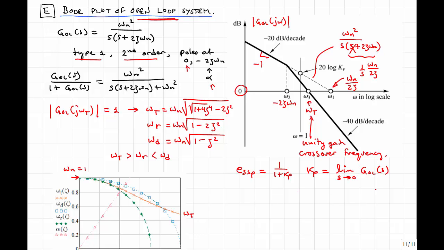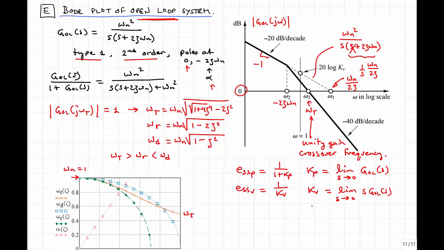We have the steady state velocity error, which is 1 over kv, where kv is the velocity error constant, equal to the limit as s goes to 0 of s times GOL.